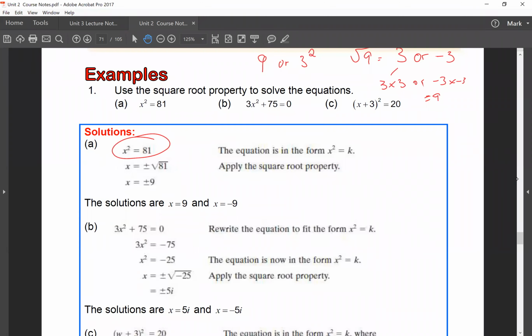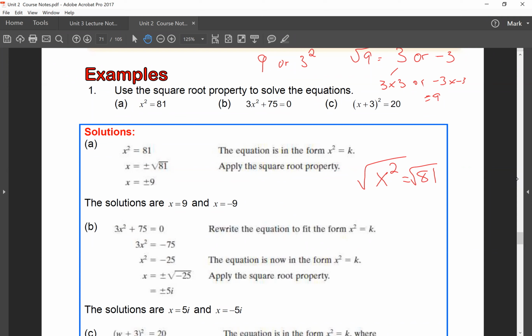So x squared equals 81. So my answer can be plus or minus whatever the square root of 81 is. Now, guys, what's happening here is when I take my x squared and my 81, what I'm actually doing is taking the square root of both sides. So if you're wondering what happens to the x squared, where does it go?